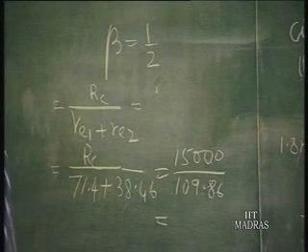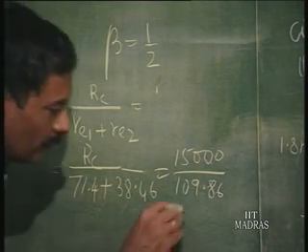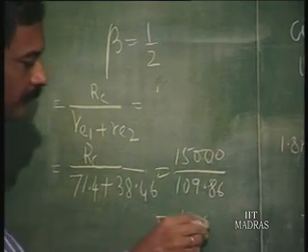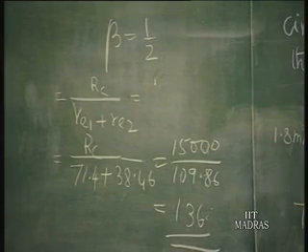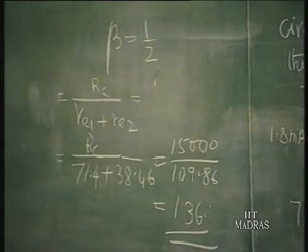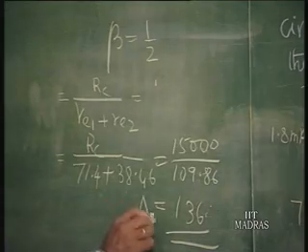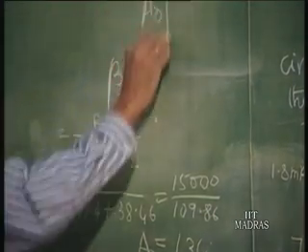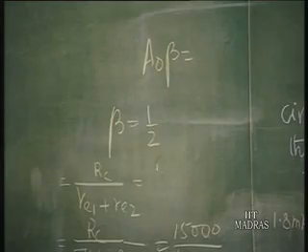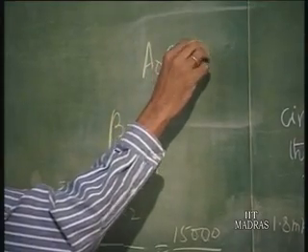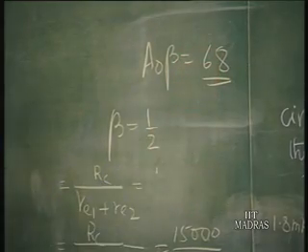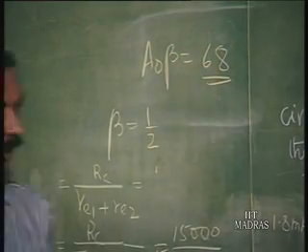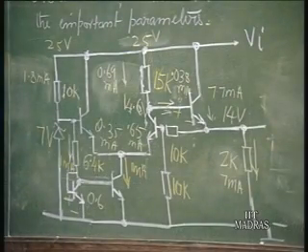It is 136.36. 136 is the open loop gain. That into beta, let us say this is A naught. So, A naught beta is going to be half of 136, 68. So, the original output impedance is going to be decreased by a factor of 1 plus loop gain.